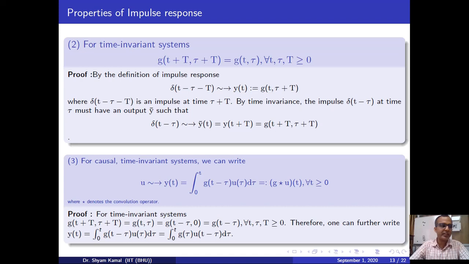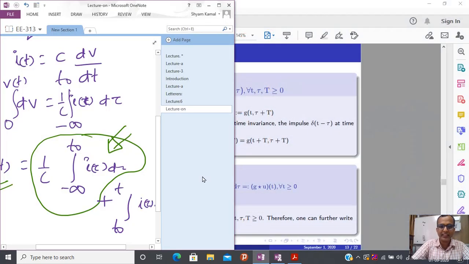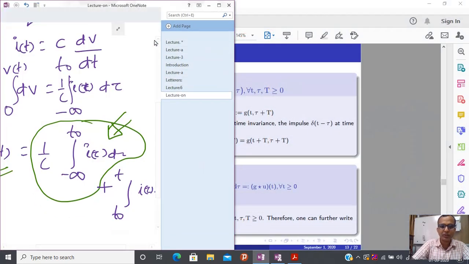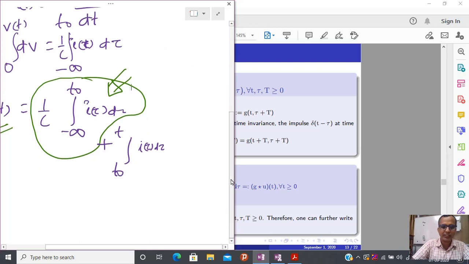Sometimes students are confused by this result, so I will give one kind of alternative proof for this also, and I hope that then things become more transparent and clear. Due to that reason I thought to give one more proof for the same.